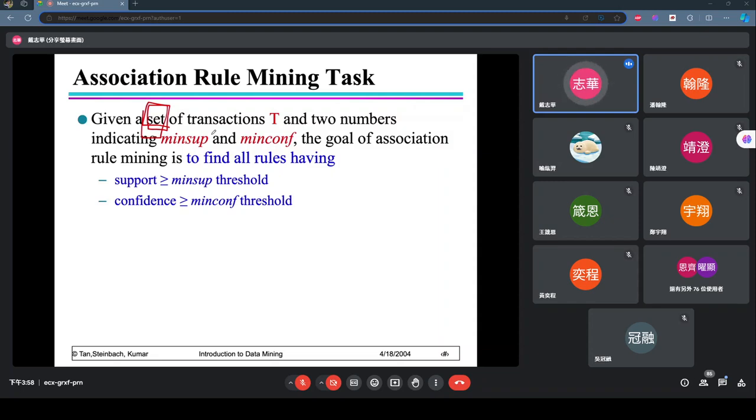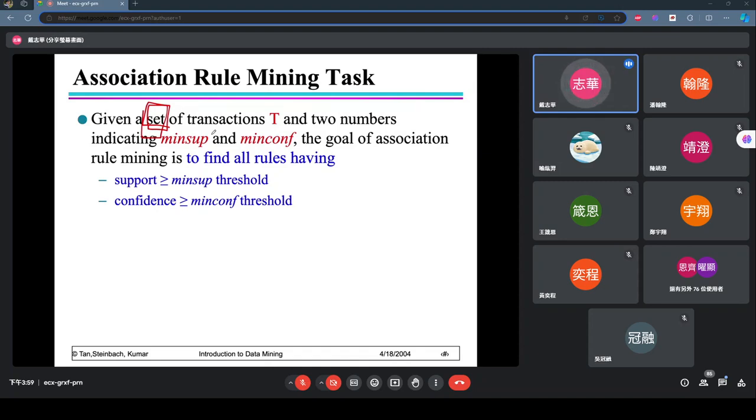Of course, if you treat a document as a set, you will lose some information, like 'I like you' and 'you like me' mean different things, right? So some information gets lost naturally.